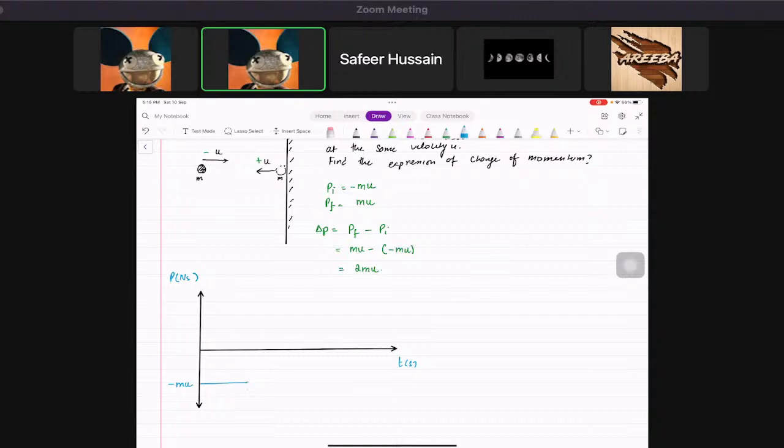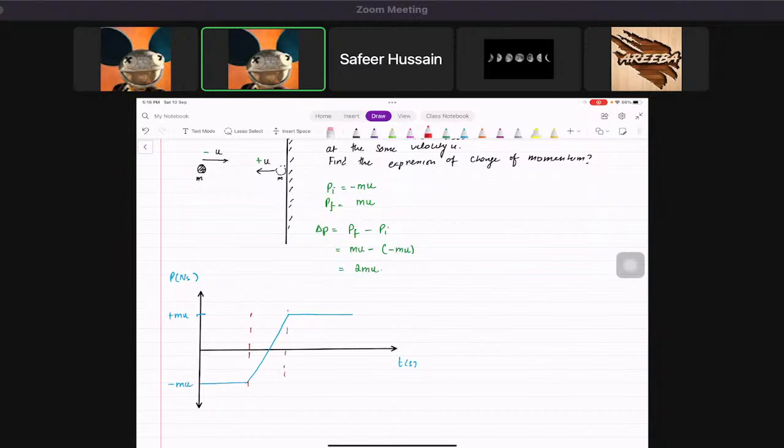The direction was switched because of the force that was applied on it, which means that now it has gone to positive mu. So you can make a graph, right? Now we're going to come back to this section in a bit, and understand what this section means.